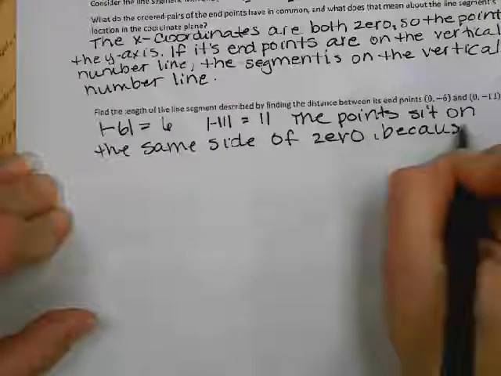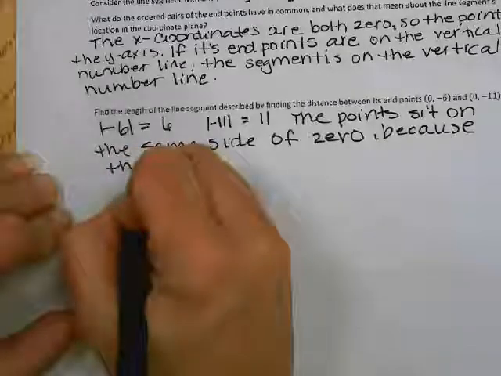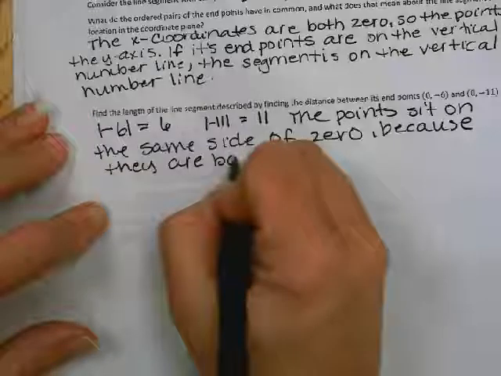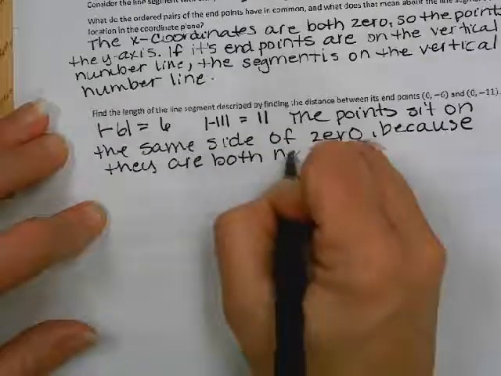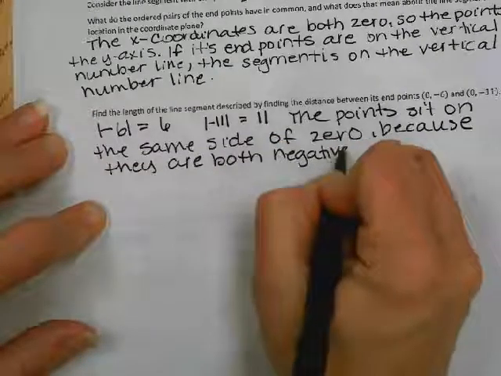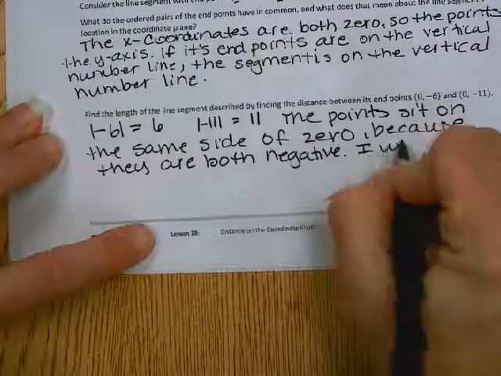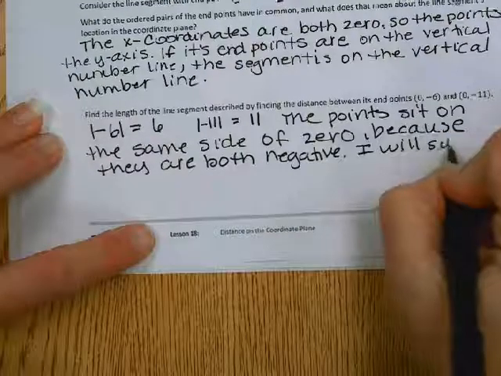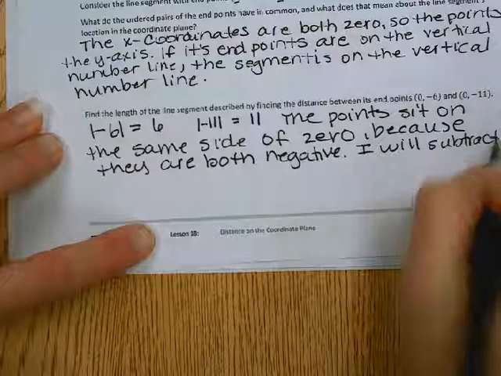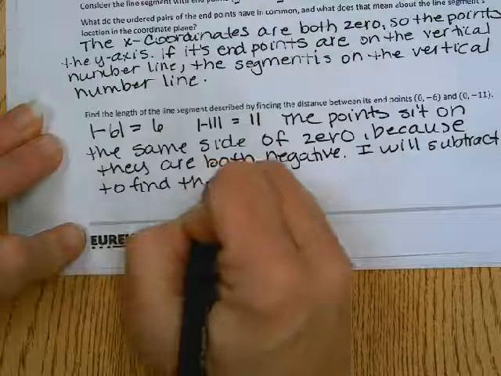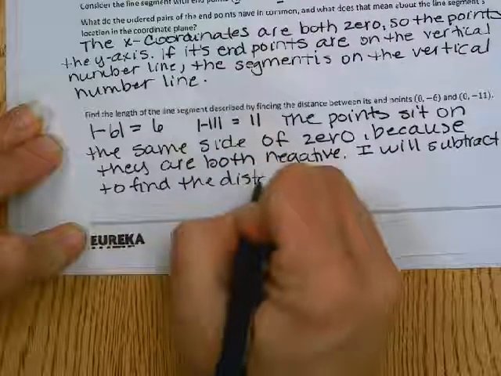So that means we're going to subtract to find the absolute value. So I will subtract to find the distance or the length.